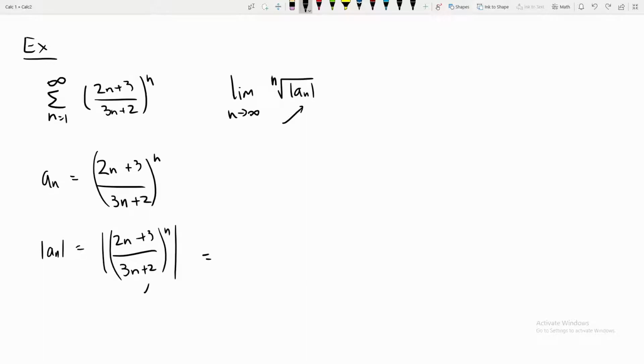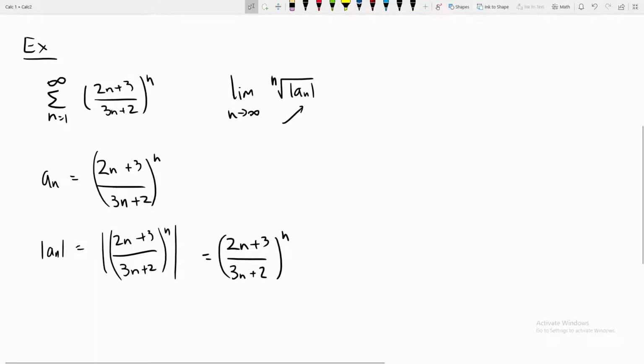So if we think of this as base to the n, this base is always going to be positive no matter what the value of n is. So this absolute value is kind of useless. We are basically left with the same term that we had.